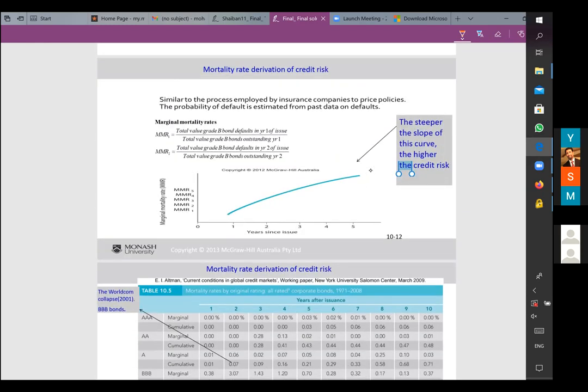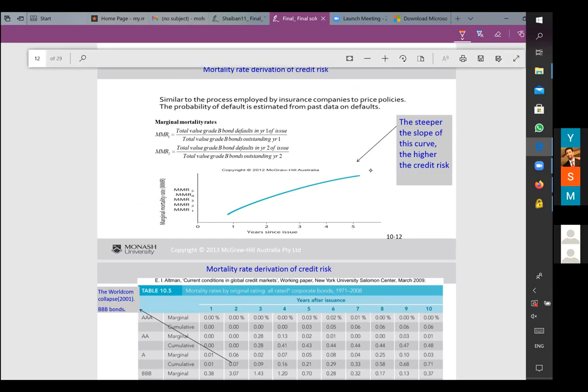So the way we do it is, if we are going to invest and we want to decide in our investments, we can take the marginal mortality rate as an indication.